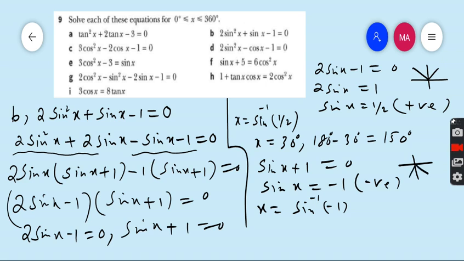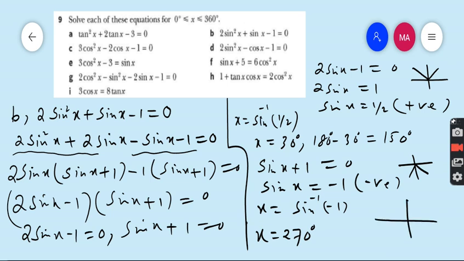Okay. So find sine inverse minus 1. You will have 270 degrees. And there is only one value from 0 to 360 degrees which gives you minus 1.